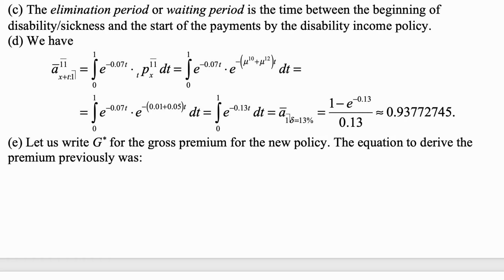That's equal to the integral from 0 to 1 of e to the minus 0.07 t times e to the minus 0.01 plus 0.05 t dt, and that's just the integral from 0 to 1 of e to the minus 0.13 t dt. That's equal to A bar angle 1 at force of interest of 13%, so this is equal to 1 minus e to the minus 0.13 over 0.13, that's approximately 0.93772745.